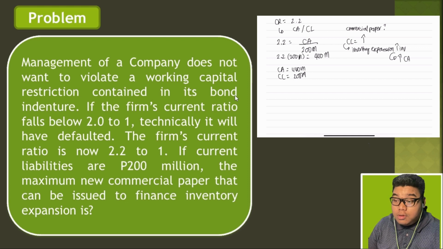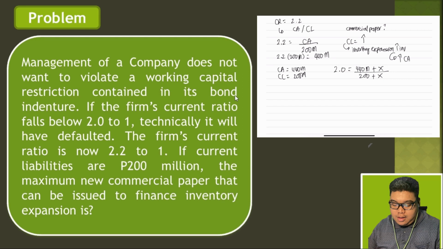So to determine the maximum amount of commercial paper that we can issue, the current ratio must remain at 2.0, which is equal to our current asset of 440 million increased by that amount. So let that be X. And our current liability of 200 million will be increased by that amount as well. So 2.0 is equal to (440M plus X) divided by (200M plus X).